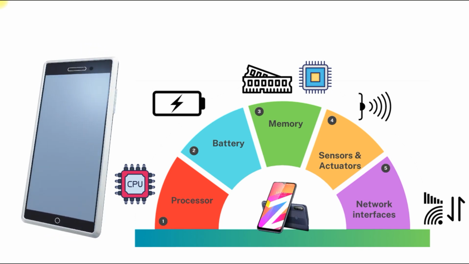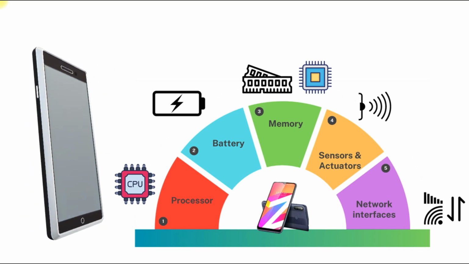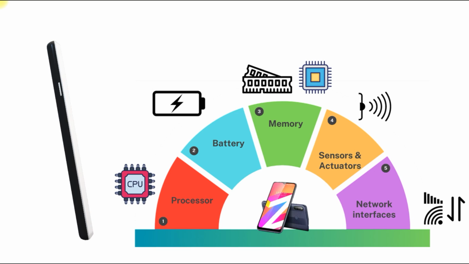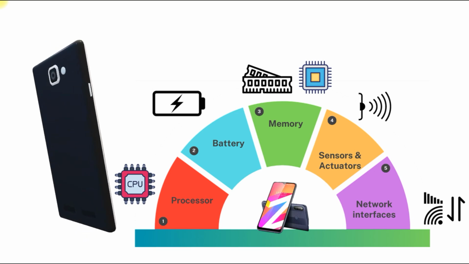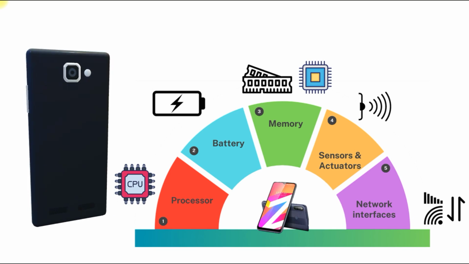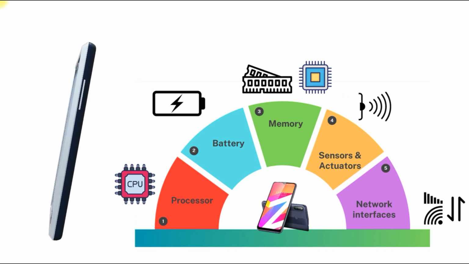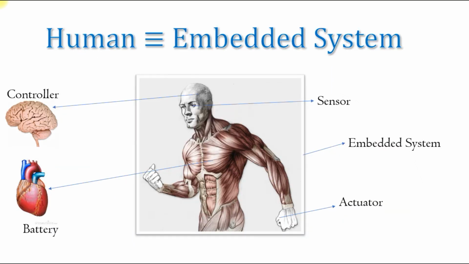That is the developer. Who is actually interacting with that software? The end user. Who is actually controlling the hardware part? That MX player or VLC player software. So this is the beauty behind embedded systems, and moreover our human body is itself an embedded system.